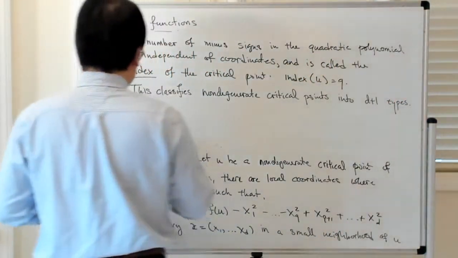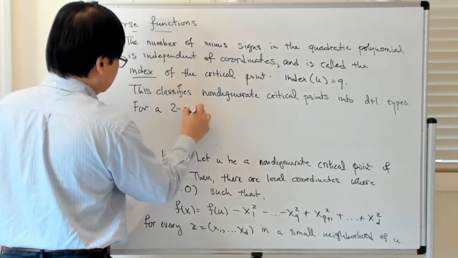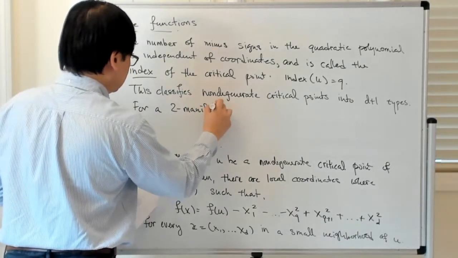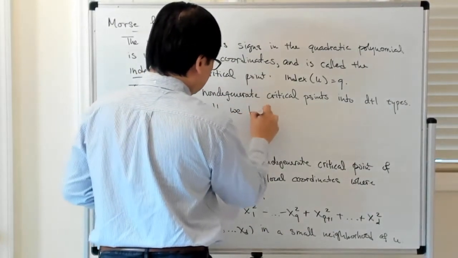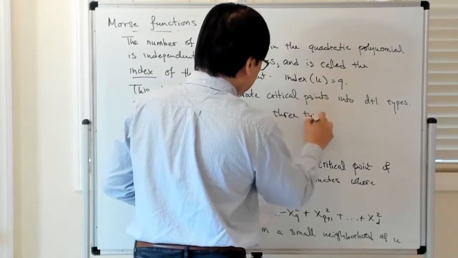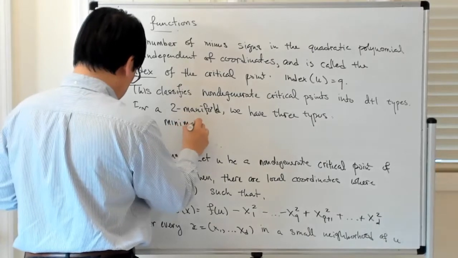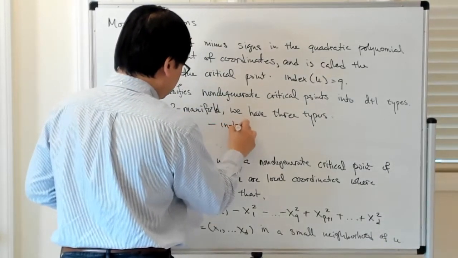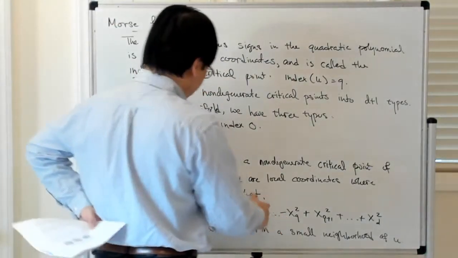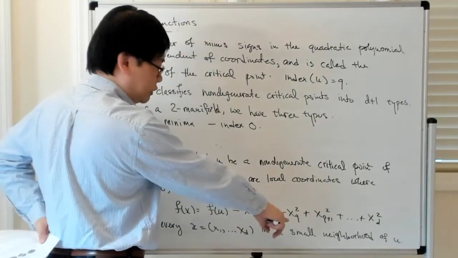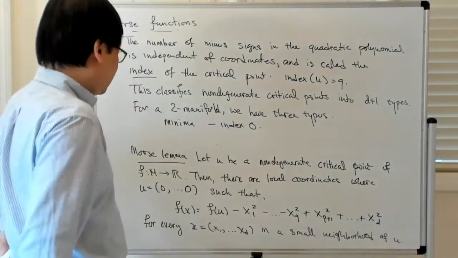Okay, so for a two-manifold, for example, we have three types. We have minima, which have index 0. You can see that because if it has 0 directions with negative values in this quadratic polynomial, then all these are positive, and then it's easy to convince yourself that f at u is a minimum.